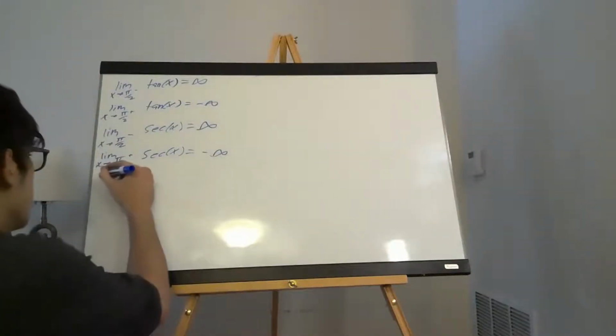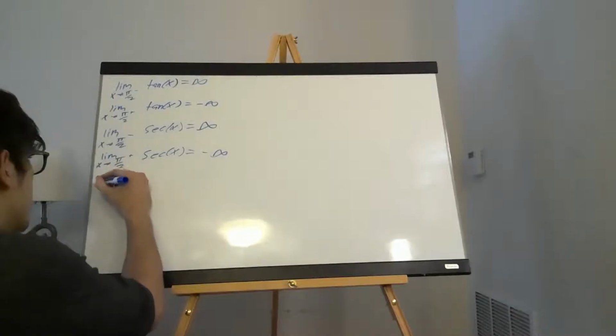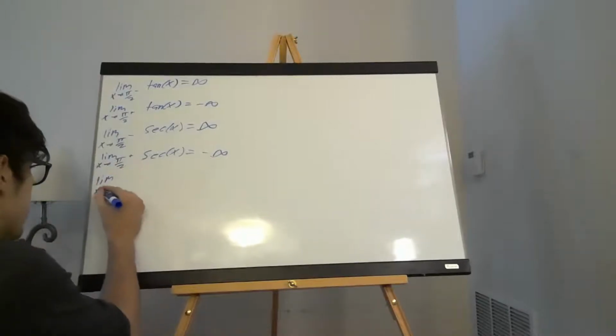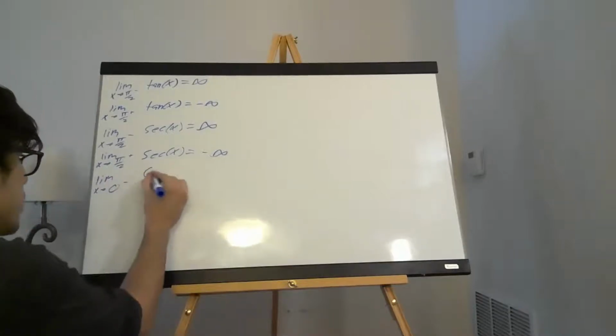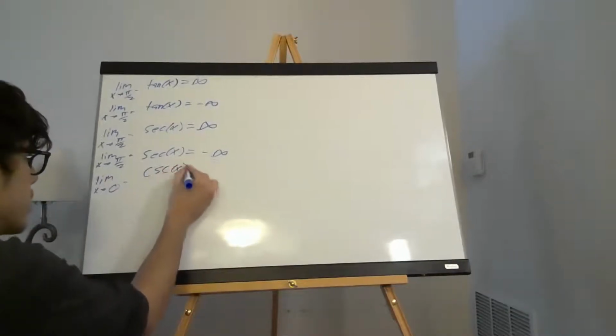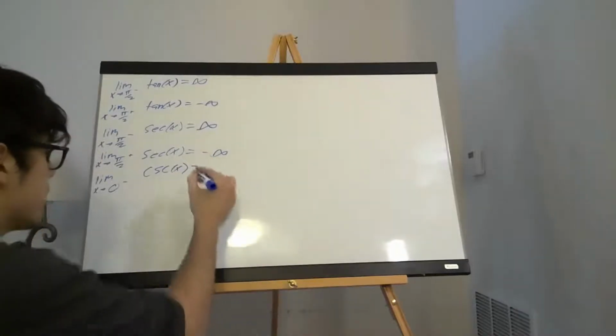So now let's see, the limit as x approaches 0 from the left for cosecant of x is equal to negative infinity.